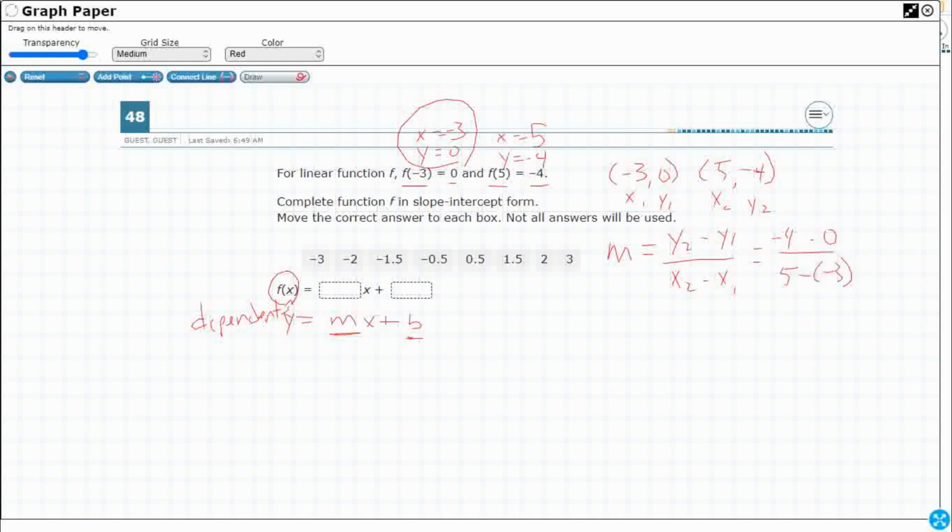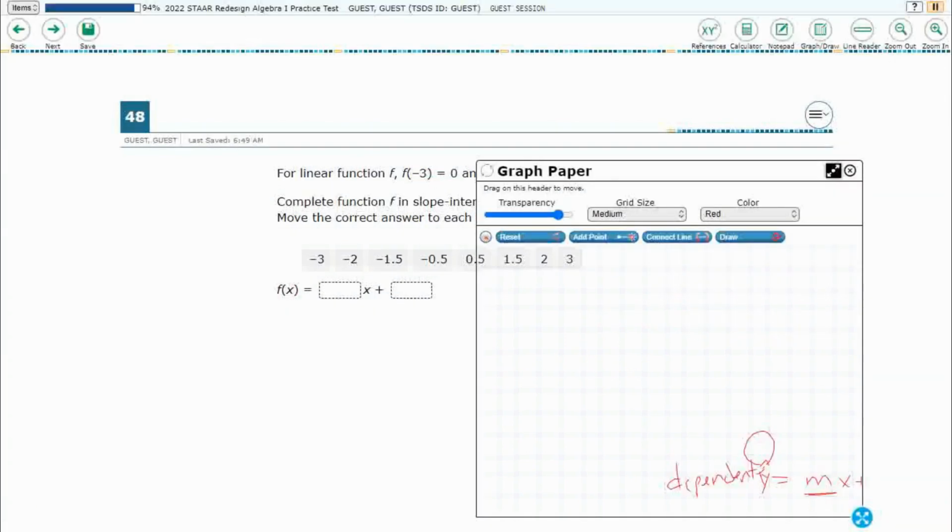All right, so that's going to be -4 over 5 minus 3, equals -4 over 2. So really that's going to be -2. Looks like they're all decimals, so that's going to be -2.0. So there's my m. I've got that right there. Let's go ahead and slide that in for my first point. Now I just need that y-intercept.